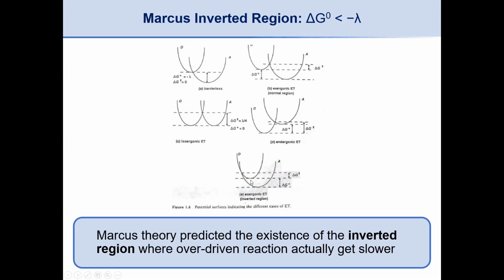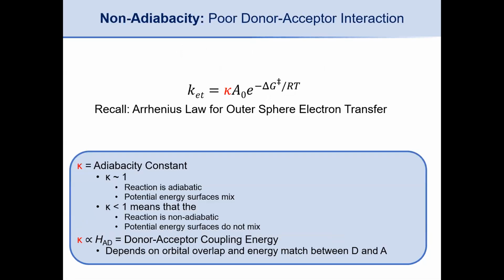And the reason for this is we need to actually change the geometry quite a bit in order to facilitate the electron transfer reaction, making the reaction as exergonic as it is. So it's somewhat counterintuitive, but this is corroborated by experiment.